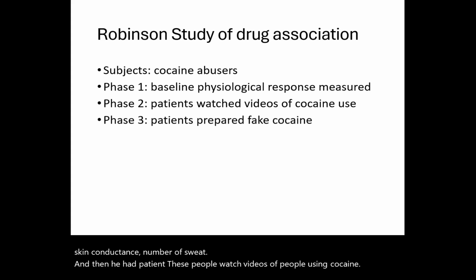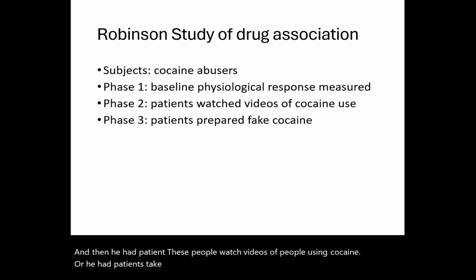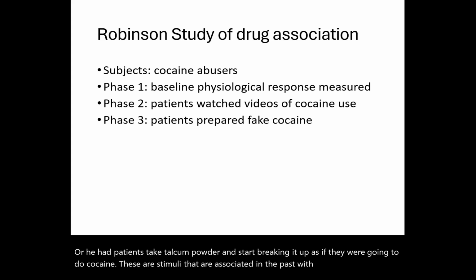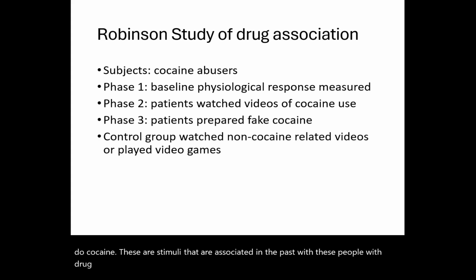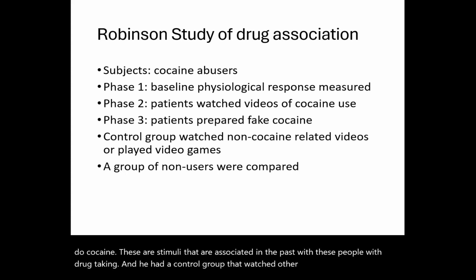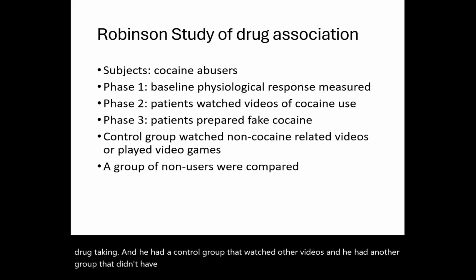Or he had patients take like talcum powder and start breaking it up as if they were going to do cocaine. These are stimuli that are associated in the past with these people with drug taking. And he had a control group that watched other videos, and he had another group that didn't have these addictions.